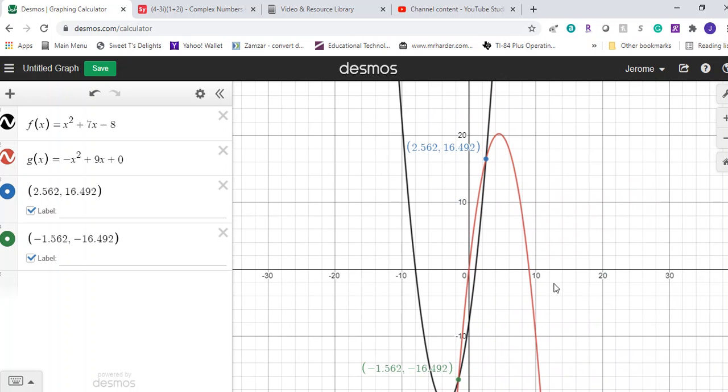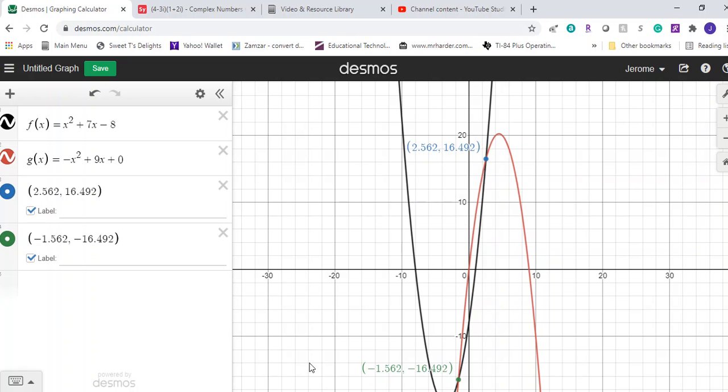Now if you notice here, when we get into this area from when x is negative 1.562 and then x is what's that, 2.562. If you notice here, the g of x ends up becoming greater than the f of x on the outside of this here.